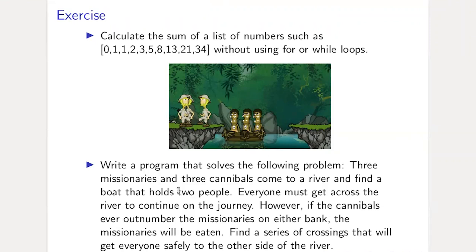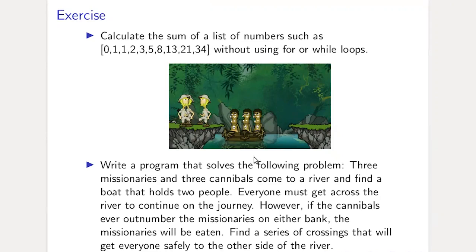Sorry, so there will be a boatman that is required. The 2 people at a time can use the boat to cross.